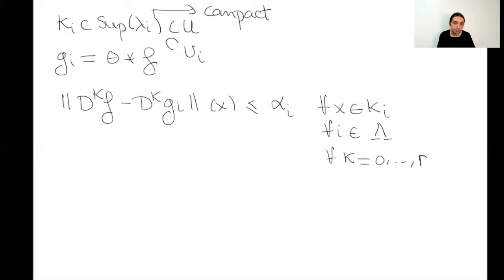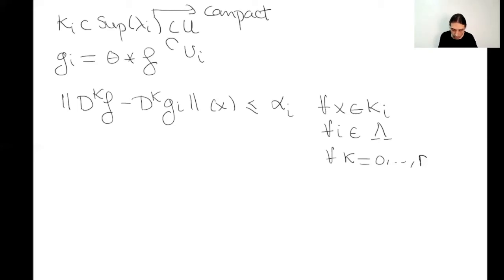So for now, we're not going to specify the alpha i's, but we are going to consider alpha i's generic, and we are going to define specific alpha i's at the end of the proof, right?